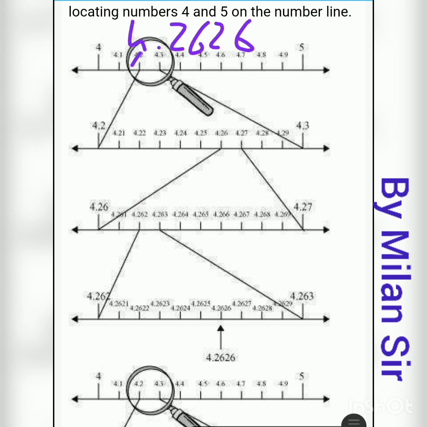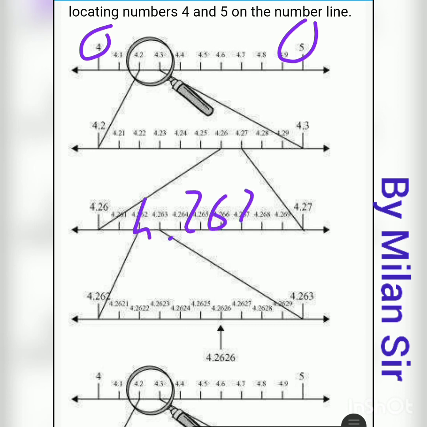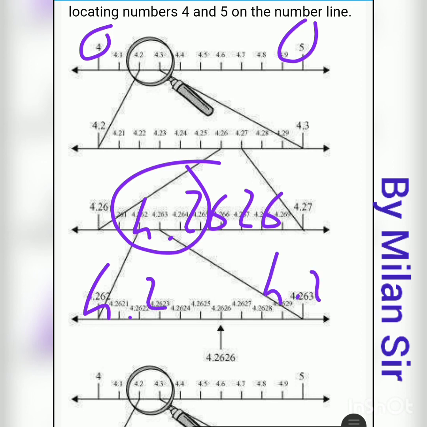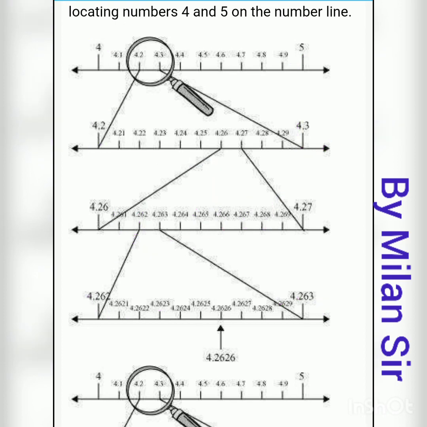So for 4.2626, first this number lies between 4 and 5. Here we represent 4 and 5 and in between 4.1, 4.2, 4.3. Then moving forward, 4.2, so this number lies between 4.2 and 4.3. Here we write 4.2 and 4.3, then 4.21, 22, 23, 24 up to 4.3.